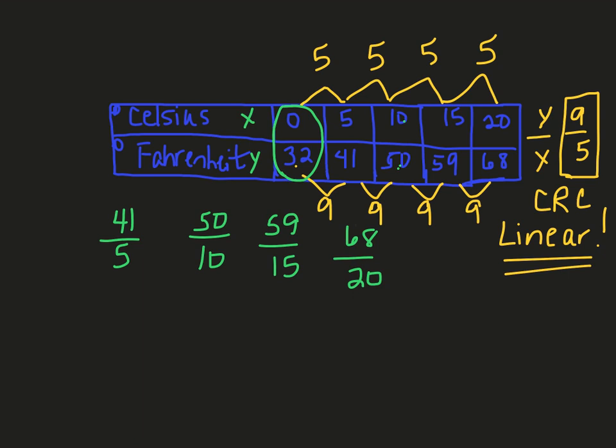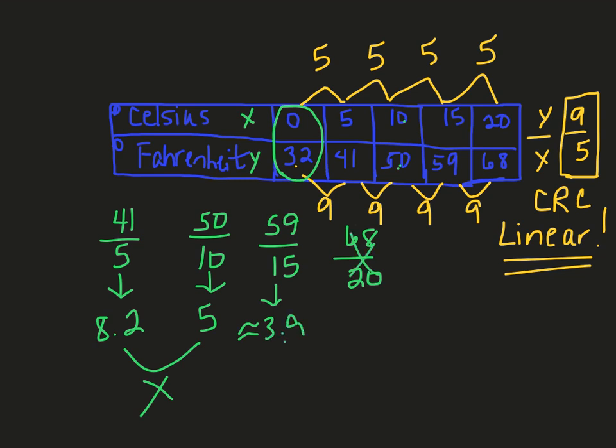So 41 over 5, that is the same thing as 8.2 or thereabout. 50 divided by 10, that's 5. So I already know that this is not going to work. But just to prove it, this is approximately 3.9. So I don't even need to go any further.